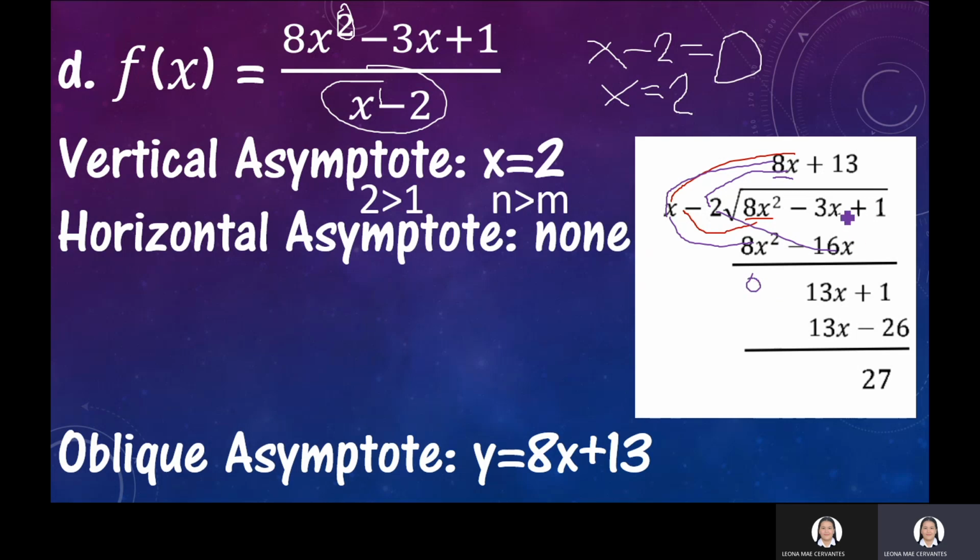Next, negative 3x minus negative 16x. So, negative, negative becomes positive, or becomes addition. Then, it becomes negative 3x plus 16x. So, negative 3 plus 16 equals 13x. Okay?